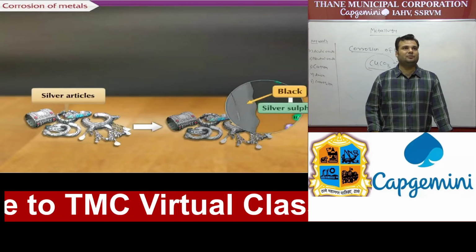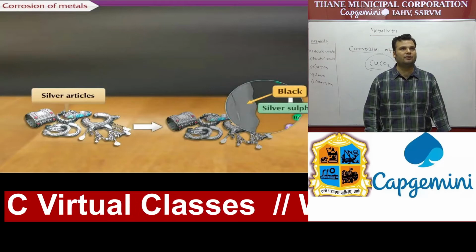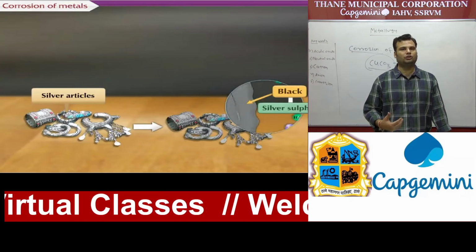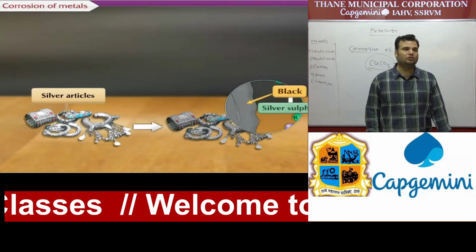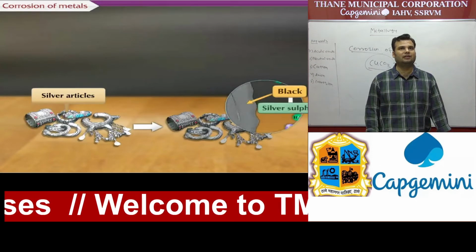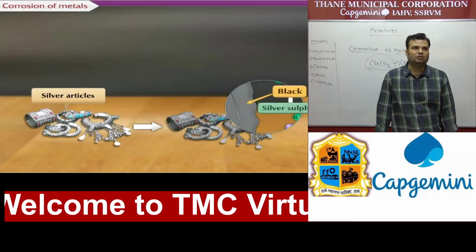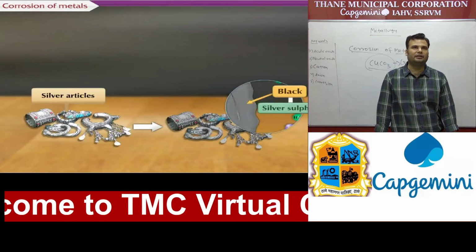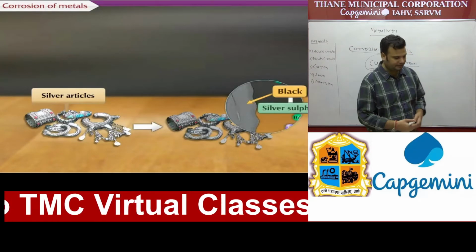Second, you can see a very simple example like silver articles. Silver articles have a shiny surface, but when exposed to air, moisture or any acid, they turn black, because they form silver sulfide. In the atmosphere, students, hydrogen sulfide gas is present, and whenever it reacts with silver, it forms silver sulfide, that is AgS.